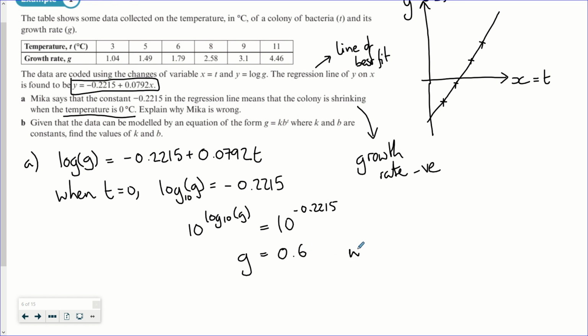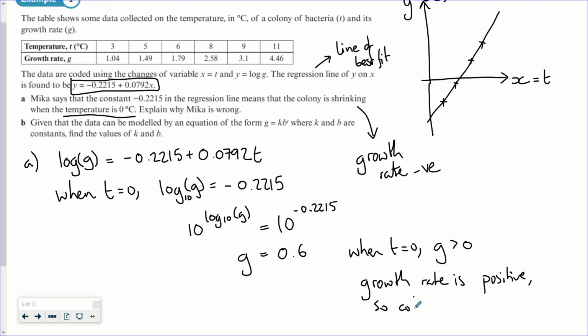So when t equals 0, the growth rate, g, is greater than 0. So that means that the colony is growing. So we'll write that in a sentence. Growth rate is positive. So colony is growing.